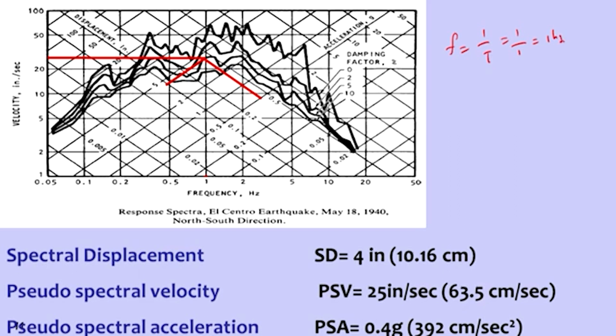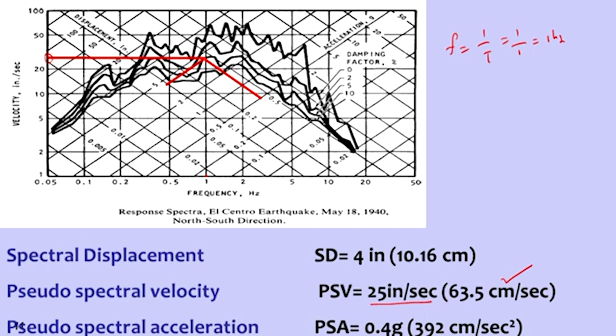With this 1 hertz frequency, and given 5% damping, so the second line, second plot, from there I can directly go to the y-axis and measure the velocity. The velocity is 25 inch per second here, and if we convert to the SI system, that is 63.5 centimeters per second. This is the pseudo spectral velocity.